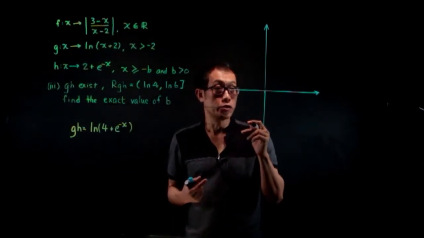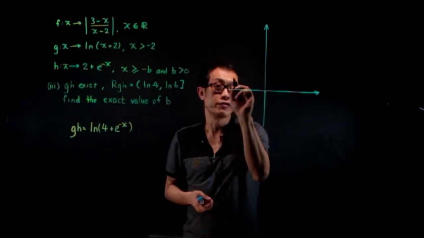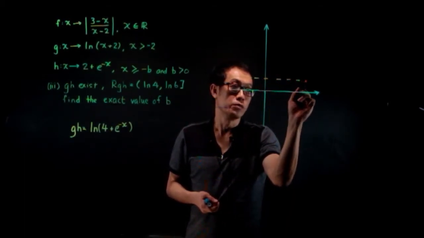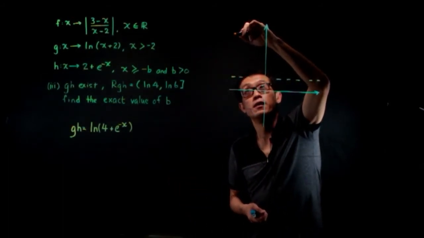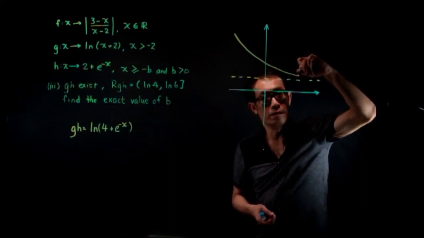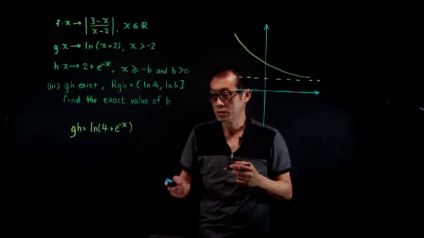Now you put it into your GC, and your graph looks something like this. You will find that the graph has a horizontal asymptote. Now let's determine what the horizontal asymptote is.